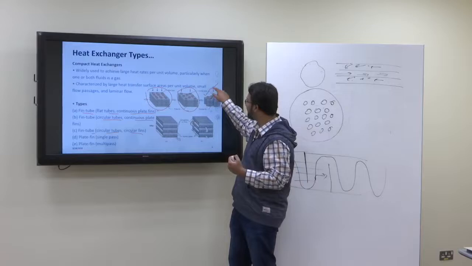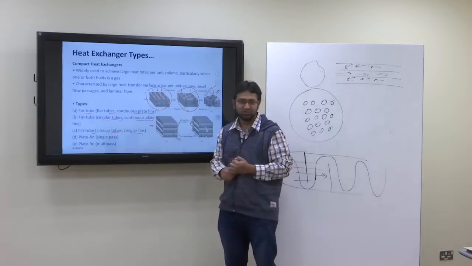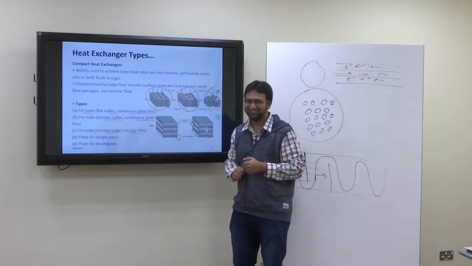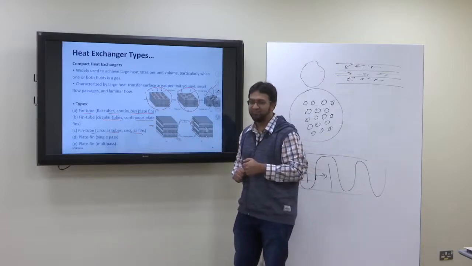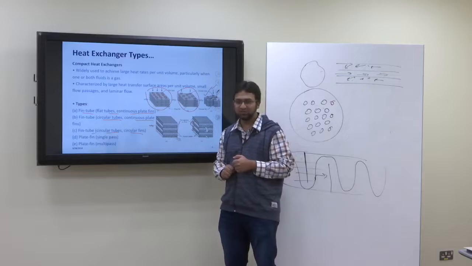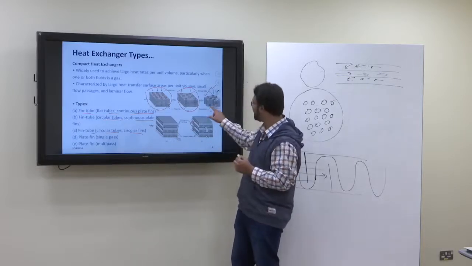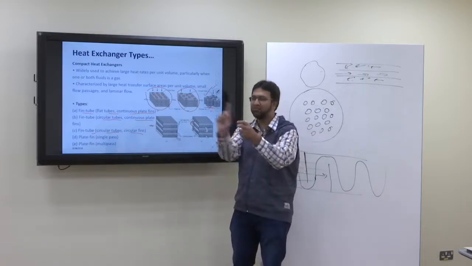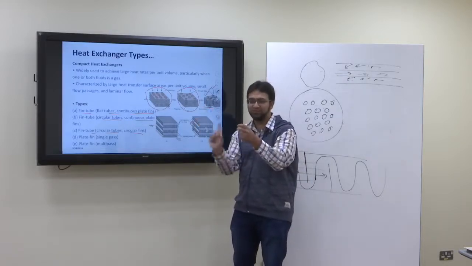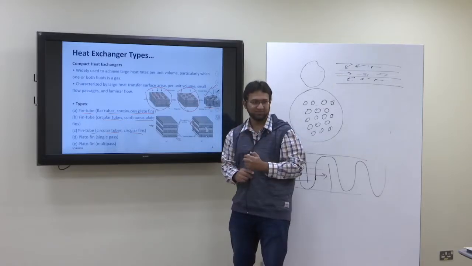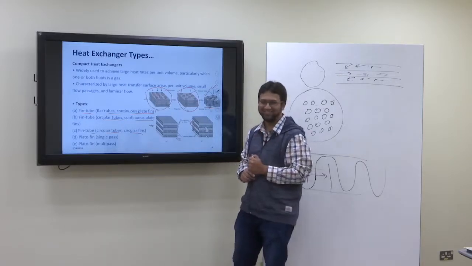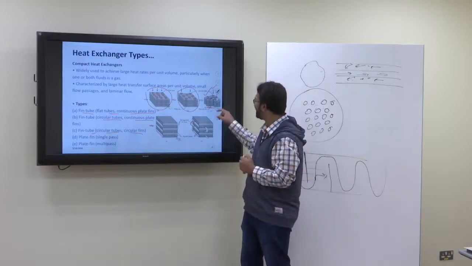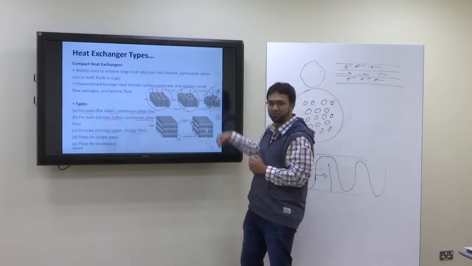You also solved one problem related to this in chapter 3, when we were studying the fins, where you have a cylinder and 5 circular fins around it. So this is circular tube, circular fins.